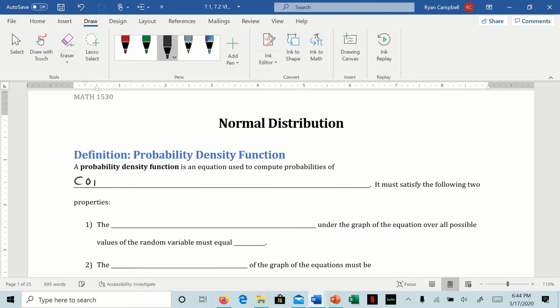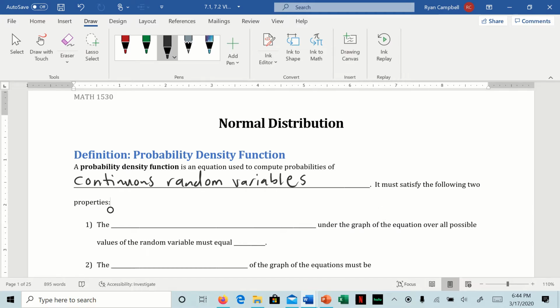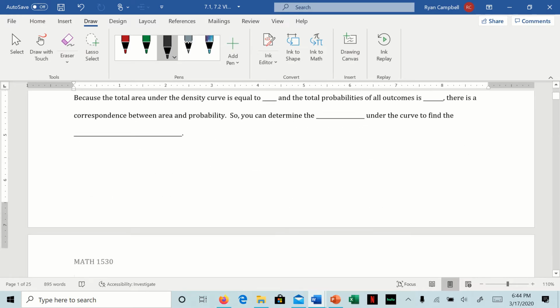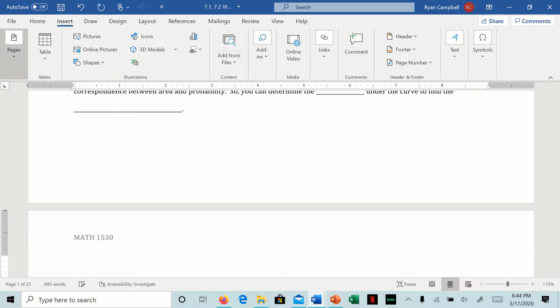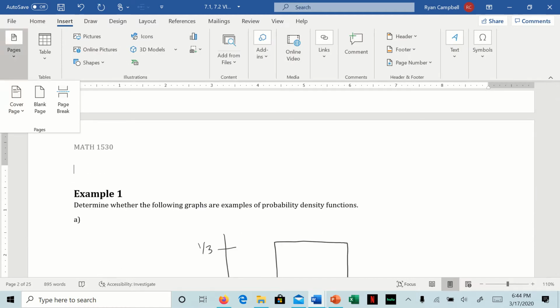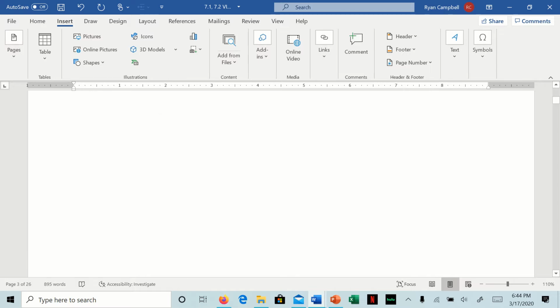This is a continuous random variable. So basically this is an equation to show these random variables, because if you remember, a continuous random variable is one that goes on forever.